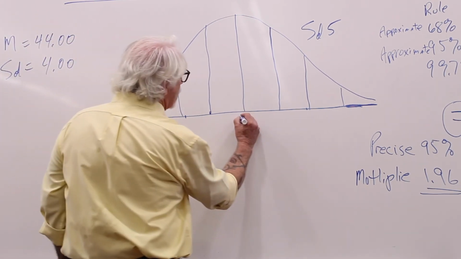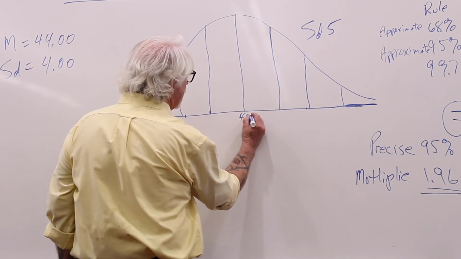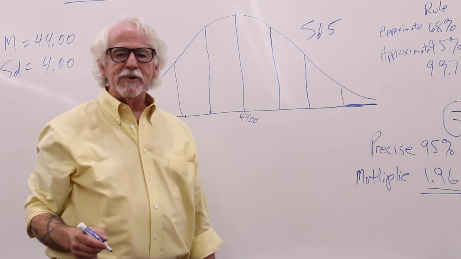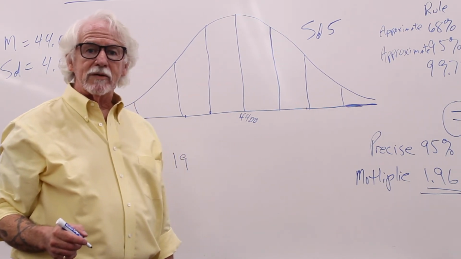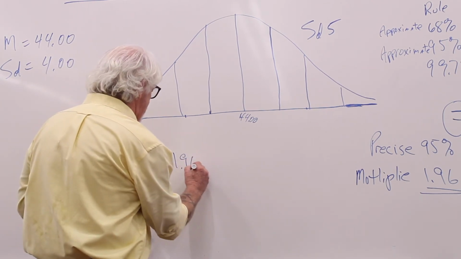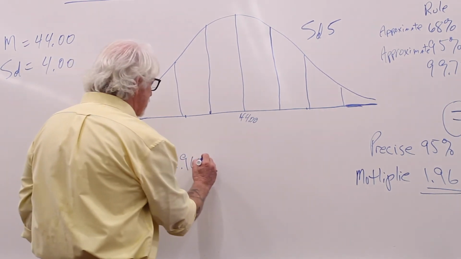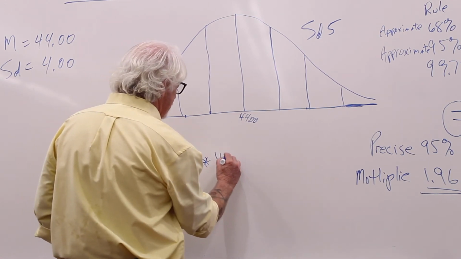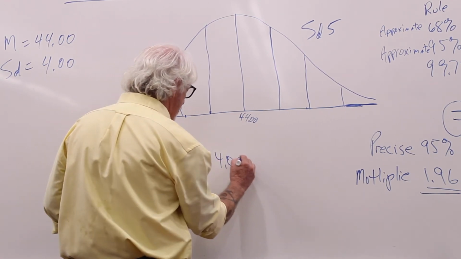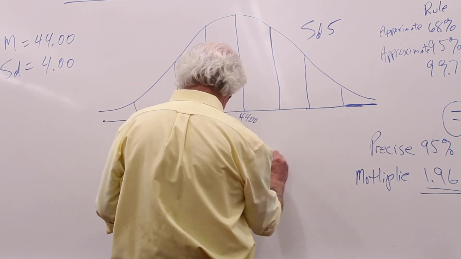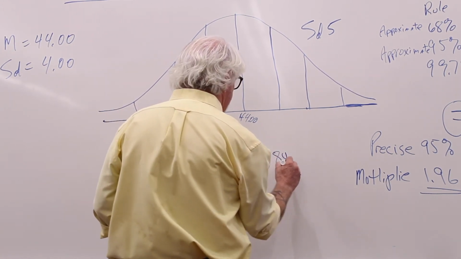So my mean is 44, and I want to know where 95% of the people landed, what scores they fell between. I'm going to take that 1.96 and multiply it by my standard deviation of 4, and I'm going to get 7.84.